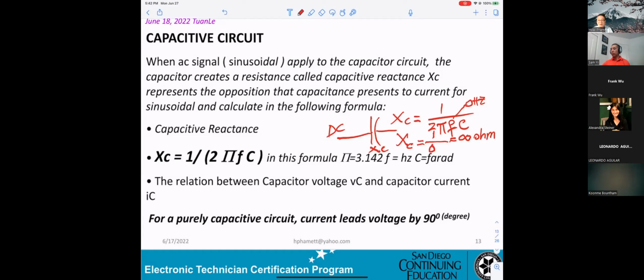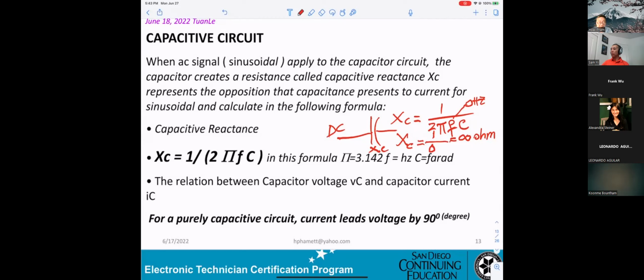Okay. When XC equals infinity ohms, that tells you that for DC, the capacitor does not allow any current to go through. Or we can say the capacitor will be open for DC when the capacitor is fully charged. That is very important for you.